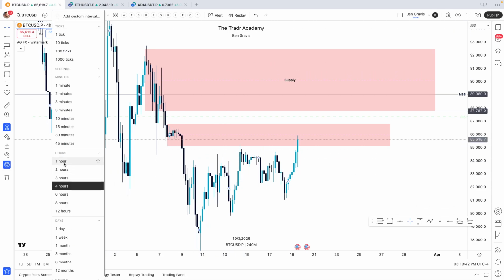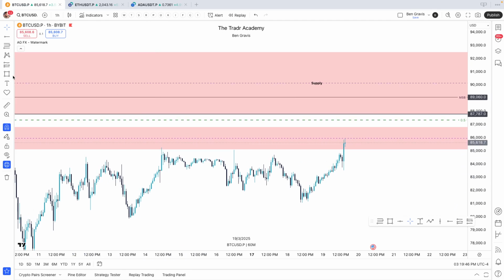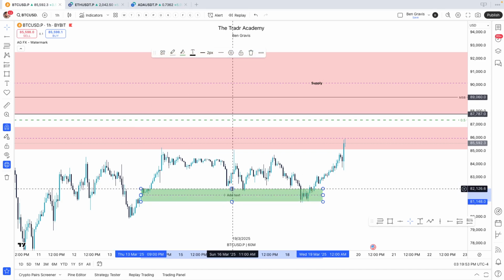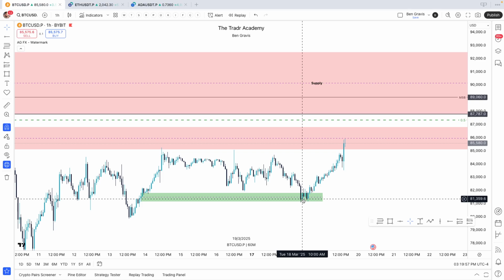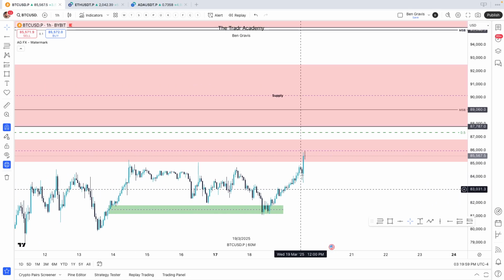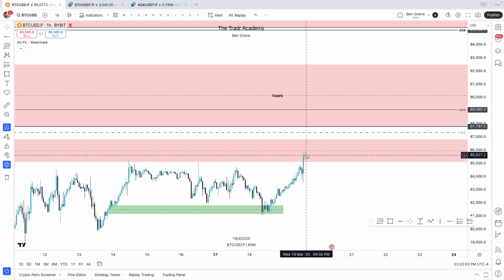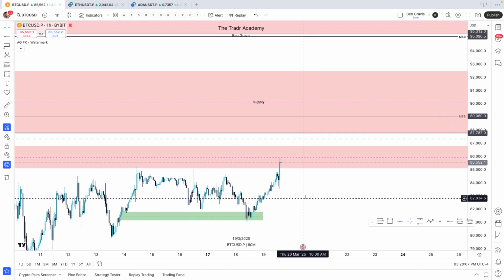And if you then go on to the 1 hourly, what do you see over here? 50% body candle, and this is why we longed. Boom. And we bounce higher. Now we see a large break, a very efficient market. I don't think that this will push back lower for now.